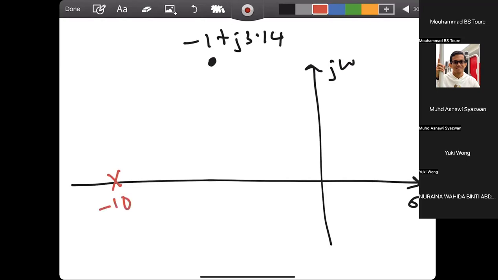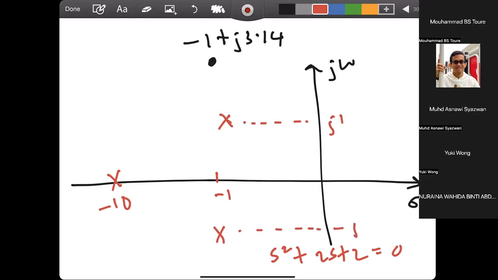Poles and zero. You want to measure the value of the zero, right? So what are the roots for this, Yuki Wang? Complex conjugate poles, over here, -1 plus minus j1.